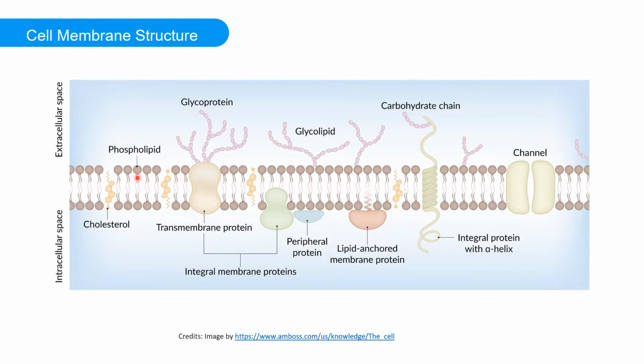In the membrane, you find other structures such as cholesterol, the membrane proteins, various types as what is listed here. For example, integral membrane proteins, peripheral proteins, glycoprotein, and you also find glycolipid, carbohydrate chain, protein channels, and other related structure.